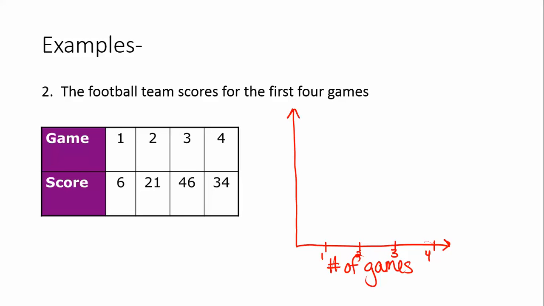And then also we have a score. Notice the scores go anywhere from 6 up to 46. We'll make that mark 50. 10, 20, 30, 40. And the label here could be points scored.